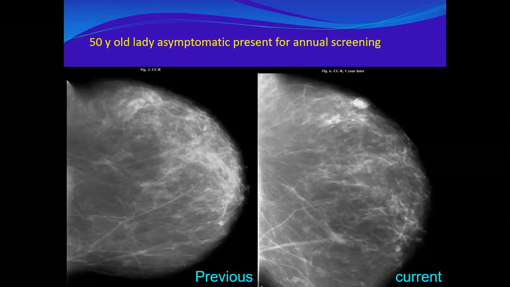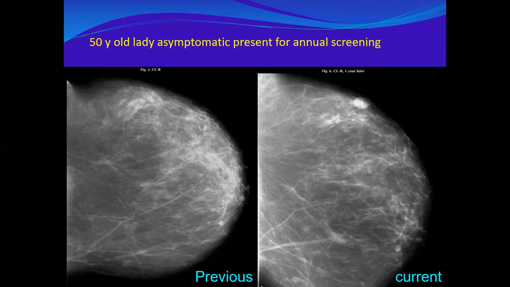This is an area of developing asymmetry at the upper part of the left breast. What is this view? It's a CC view, the lateral part of the breast.